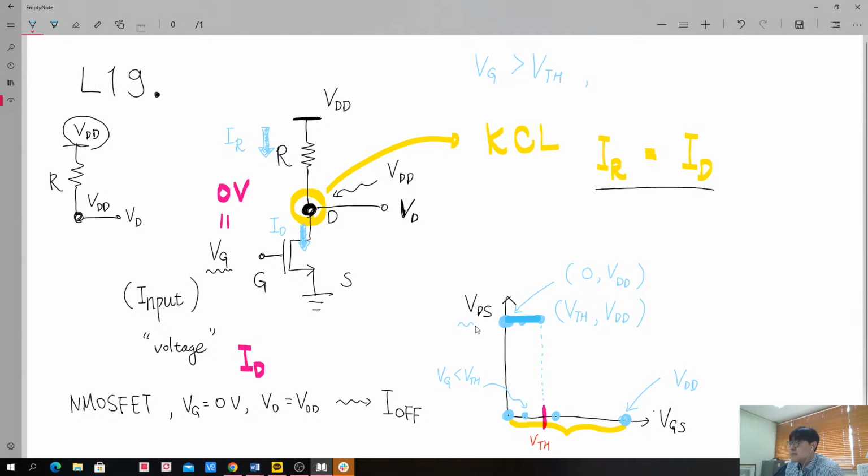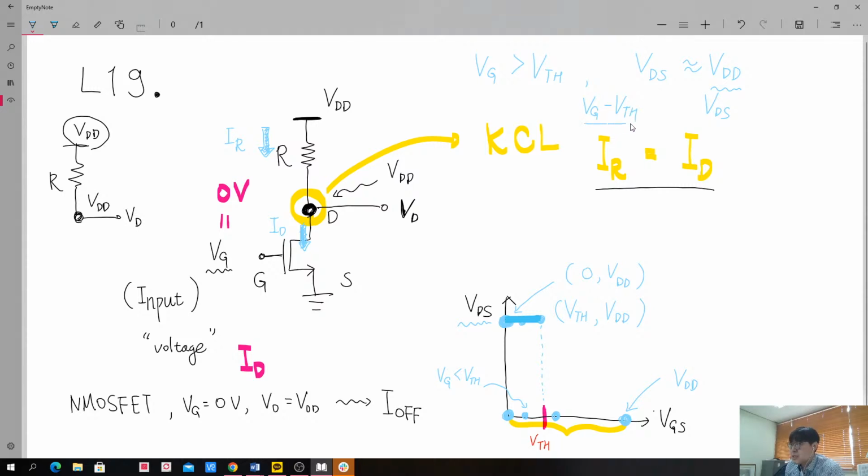So think about this one. The output is the drain bias. So now if we have a smooth transition of this curve, then we can say that the drain bias voltage VDS is close to VDD. Then when we make a comparison between gate overdrive voltage and VDS, which one will be higher?